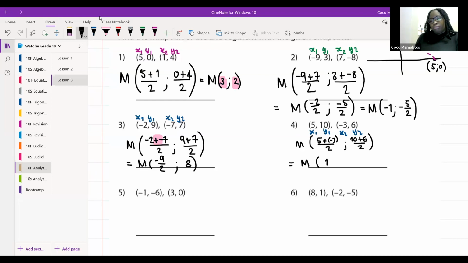Good. And then it's 16 over 2, which is 8. Excellent. Well done. The answer is 9. Okay, we're not going to add them together, my sweetie. Remember, it's a coordinate. So if I'm on the Cartesian plane, I go to the point, it's going to be somewhere over here, (1, 8). That's what it means. Okay, ma'am, so we don't add them together. That's the answer as we're looking at it.